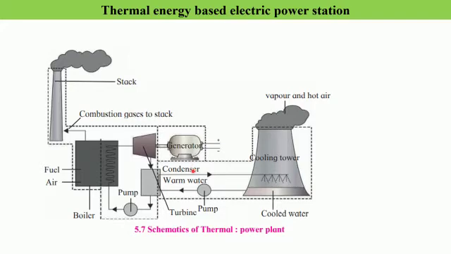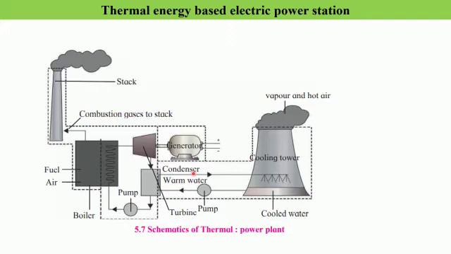The steam is then further cooled down, and it is converted back to water with the help of water from the cooling tower. So water from the cooling tower is made to flow around the condenser. The water absorbs the heat energy of the steam, thereby bringing about the process of condensation. So heat energy in the steam is given to the water that is made to continuously flow through the condenser, and the steam condenses back to water.